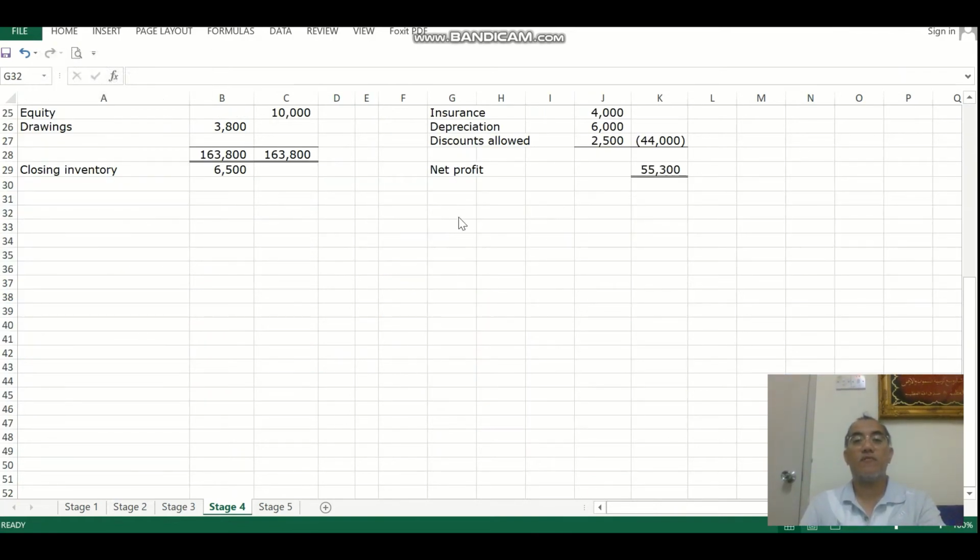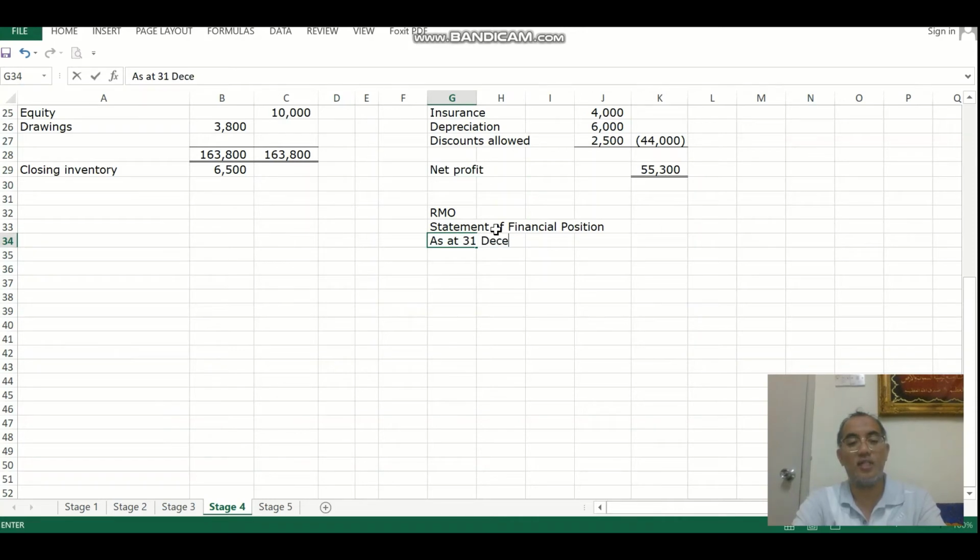Okay, statement of financial position is, of course, with a label. The name of the business is still RMO, Restricted Movement Order, and statement. How to spell statement? Statement of financial position as at 31st December 2020.